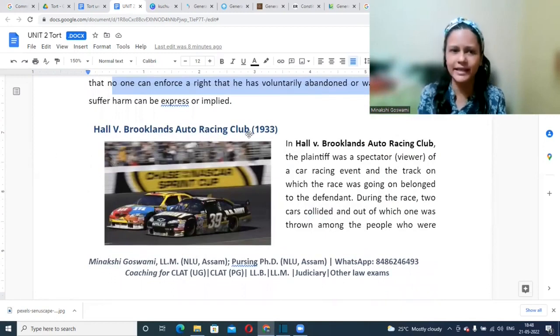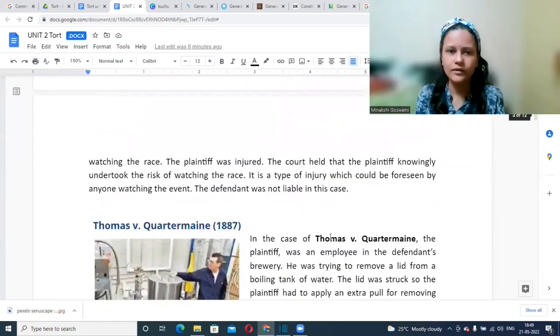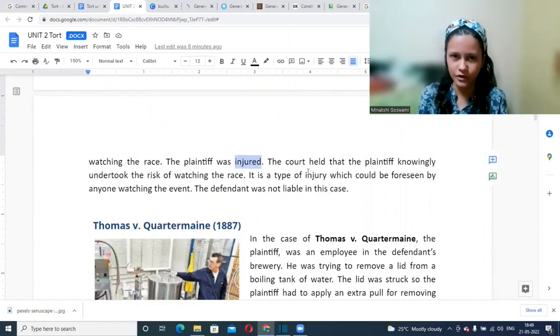There was a similar case where a person bought tickets to watch a car racing event. He bought the tickets, he went there, as in he voluntarily exposed himself there. During the racing, there was an accident. One of the cars was thrown among the people who were watching the race, and as a result, the plaintiff was injured.